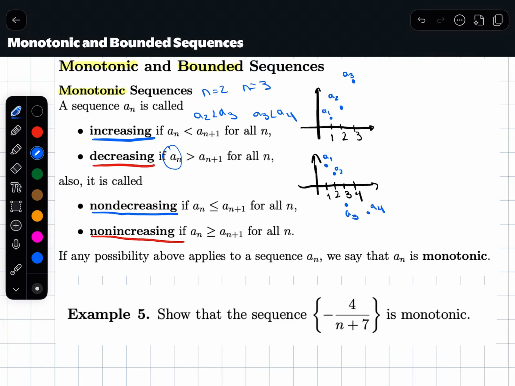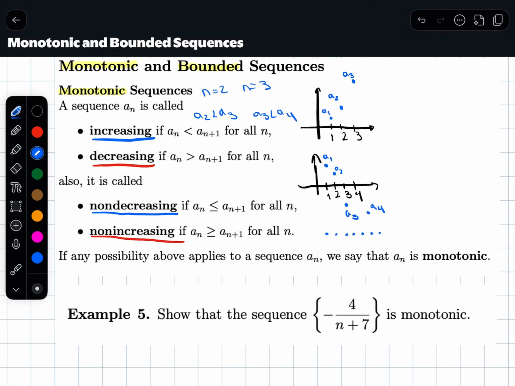If you look at the algebra here, you're going to see the exact same behavior, except on the last two, you're going to be seeing that some of those terms are allowed to equal each other. Even if a sequence stays the same all the time, it will be both non-increasing and non-decreasing.